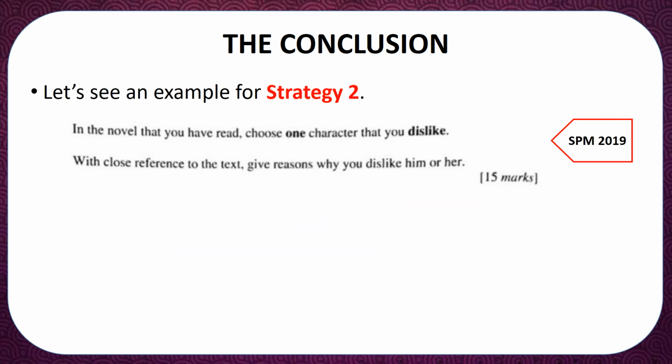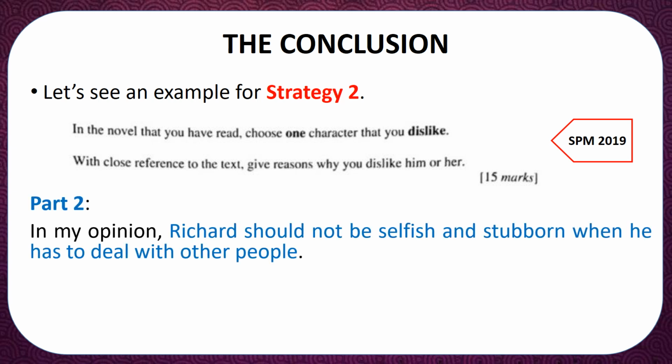Remember for part 2, you need to write either your opinion or your hope, or you can choose to write both. So this is what it will look like. In my opinion, Richard should not be selfish and stubborn when he has to deal with other people. Remember, this question asks about negative trait of a character. So when you give opinion, you need to give a positive opinion. Okay, so Richard should not be selfish and stubborn.